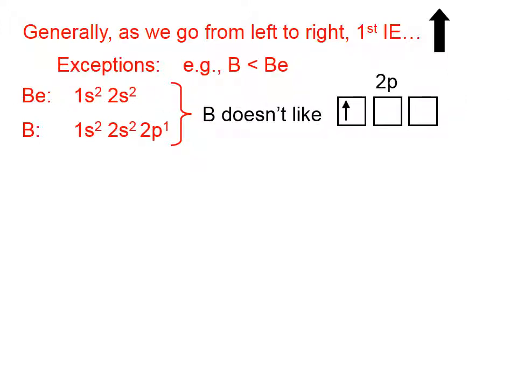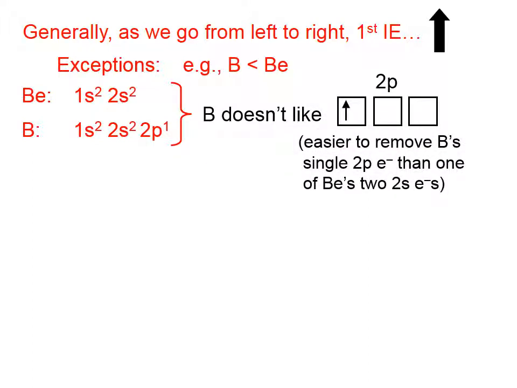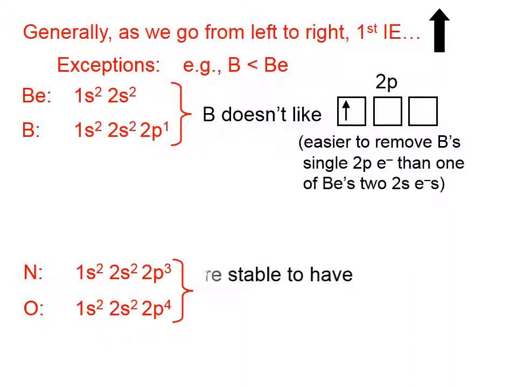For example, the first ionization energy for boron is actually less than that for beryllium, even though boron is further to the right. And this is because boron doesn't like to have that single electron in its 2p subshell. So it makes it very easy to remove that 2p electron. Similarly with nitrogen and oxygen, they have these electron configurations.